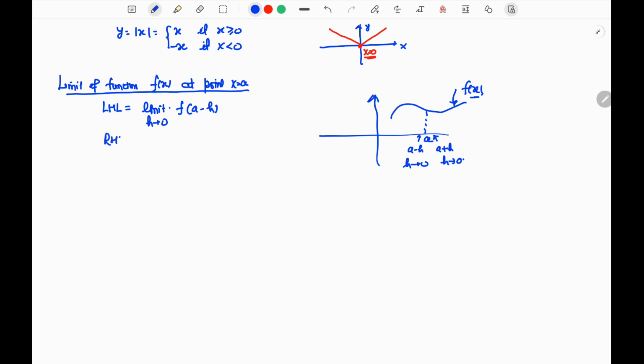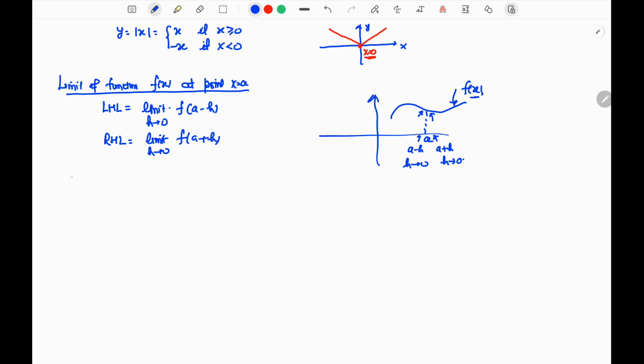And the right hand limit is defined as the limit h tends to 0, f(a plus h). This is the value of the function for a point just right of the point a. So f(a minus h) is the value here, and f(a plus h) is the value just right of x equal to a.